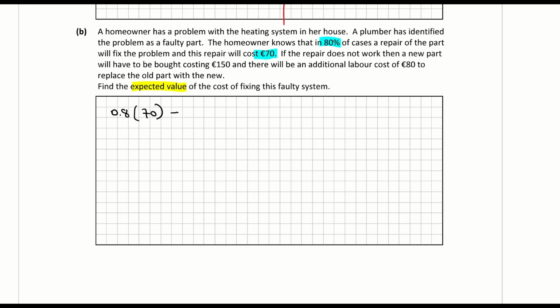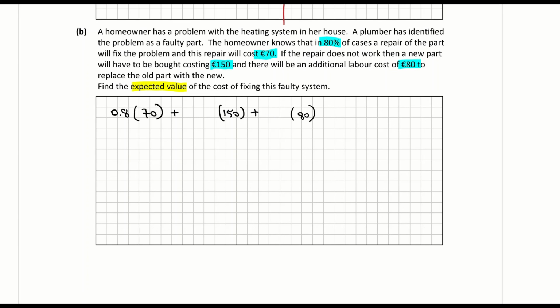But I now need to focus in on the part about the issue where the repair does not work. So if the repair does not work, she has to spend €150 on the new part and €80 on the call out for replacing it. So I need to look at the €150 and I need to look at the €80.